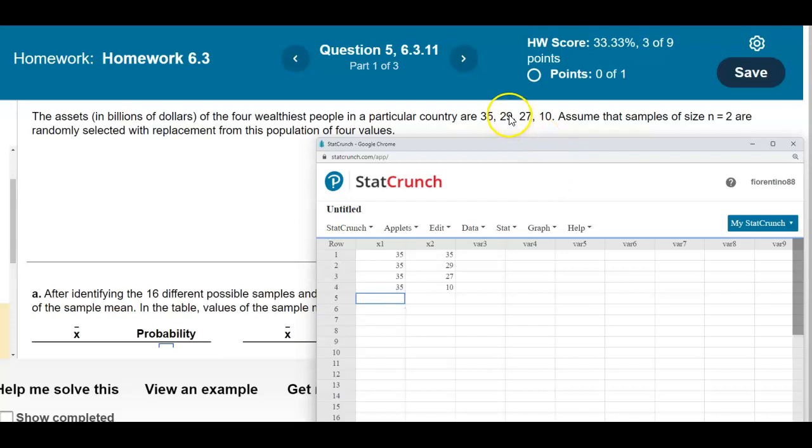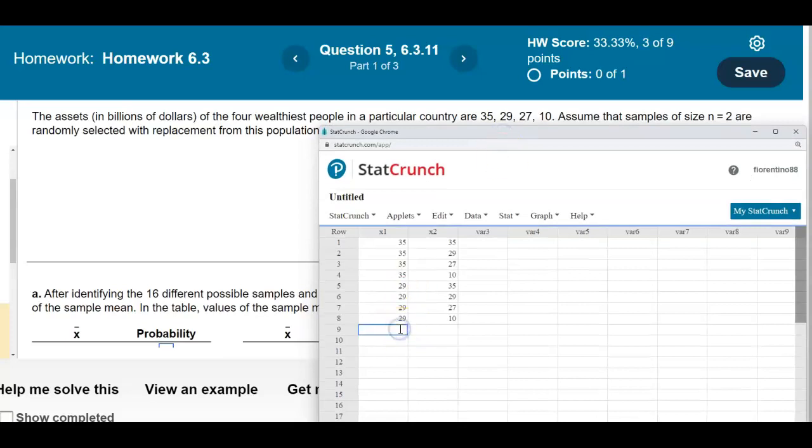So that's a sample size of n equals 2 when 35 is listed first with those combinations. Now the next number is 29. So we have 29 and 35, 29 and 29, 29 and 27, 29 and 10. Now the next number is 27. So we have 27 and 35, 27 and 29, 27 and 27, and 27 and 10. And the last number is 10.